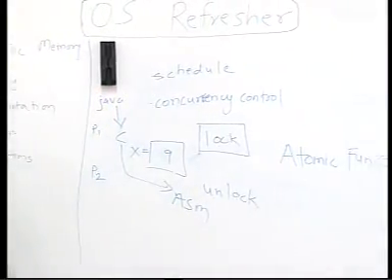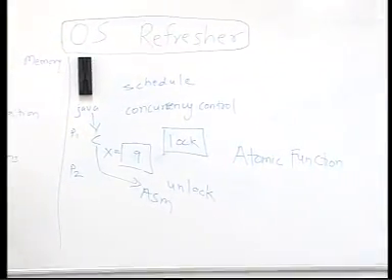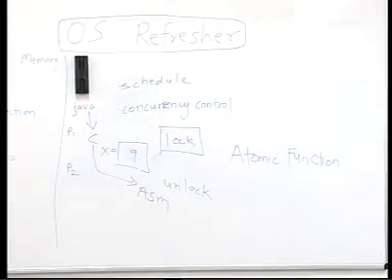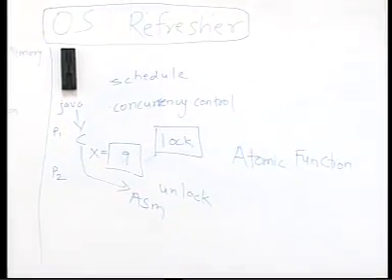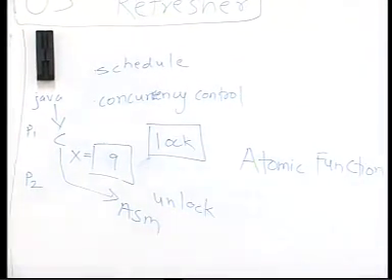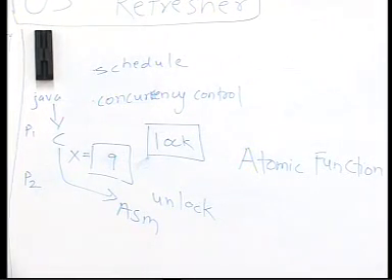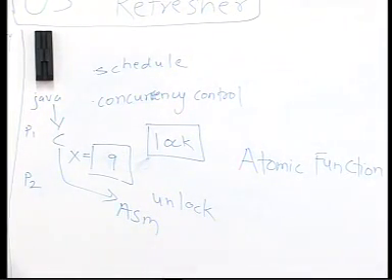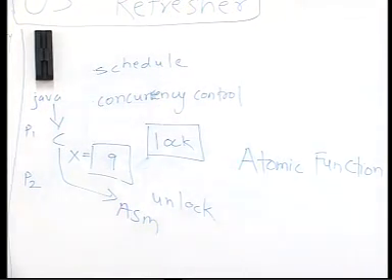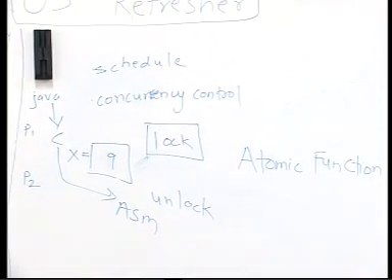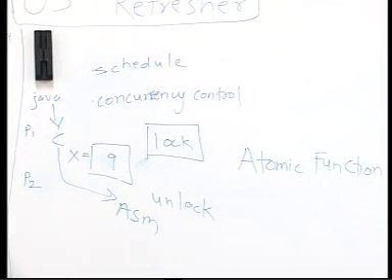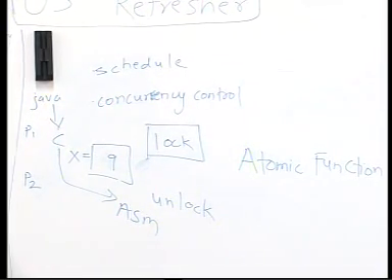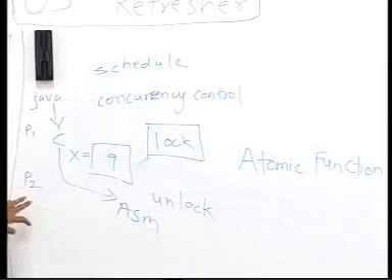But somewhere, assembly language has to actually talk to the hardware. And what does exactly hardware do when I execute the atomic function? And this is where the whole business of system calls and so on comes.